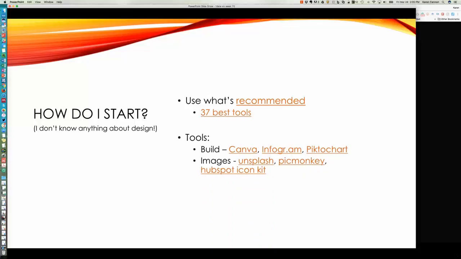But Canva, Infogram, and Piktochart are all 3 great infographic or data visualization building tools. They're all free, so all you have to do is start an account. And of course, there are options to purchase things and that kind of stuff, so just be aware of that.